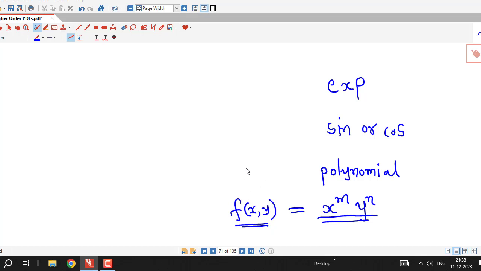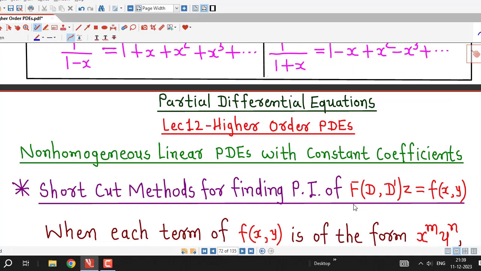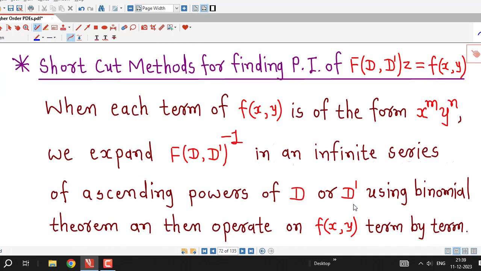So we are going to discuss how to find the particular integral when each term of the right hand side function is in the form x raised to m times y raised to n, where m and n are positive integers or natural numbers. So if each term of f x y is of the form x raised to m y raised to n, then we expand 1 over f(D, D'), that we can write as f(D, D') raised to minus 1.